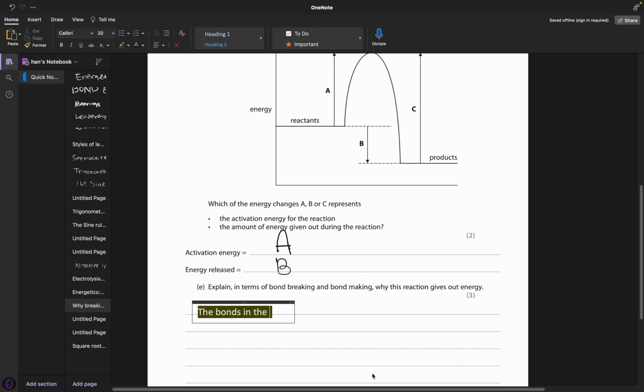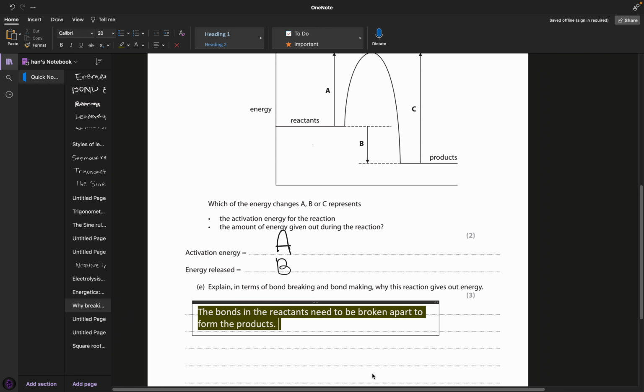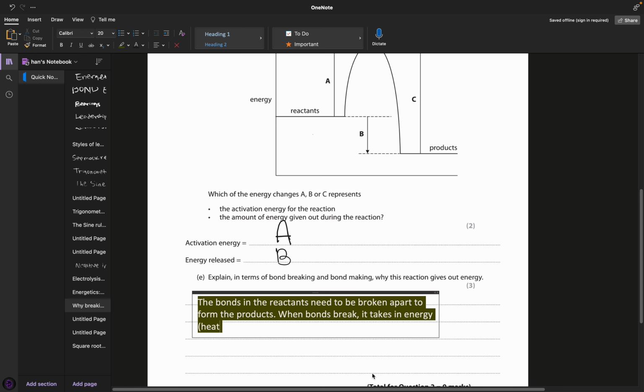Apologies for that. The bonds in the reactants need to be broken apart to form the products. You need to first break the bonds in order to form the new products. When bonds break, it takes in energy, and the most common example is heat, hence being an endothermic reaction.